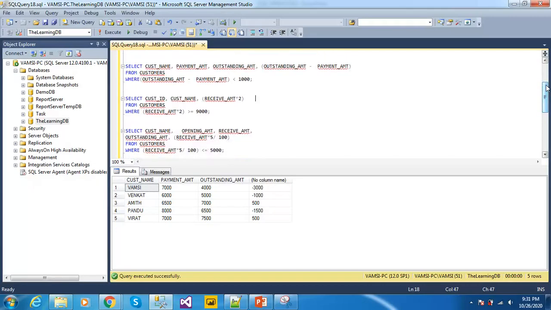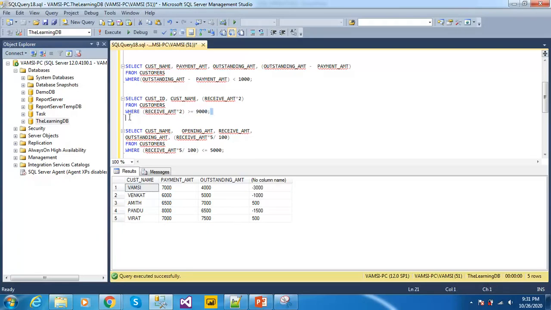Now let us see multiplication. I have selected the columns customer ID, customer name, and receiving amount into 2, multiplication by 2, from the table customers, where receiving amount multiplied by 2 is greater than or equal to 9,000.